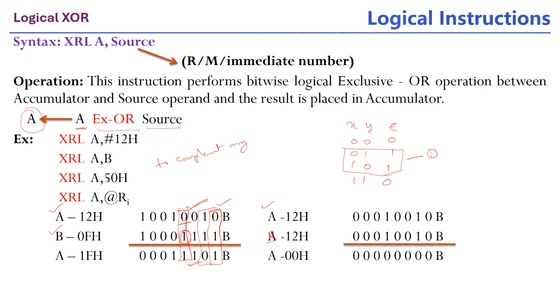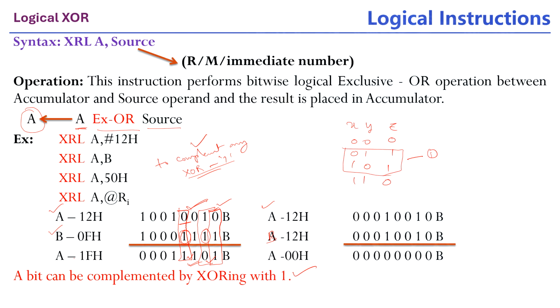Here 0 means its complement is coming, and here 1 means its complement is coming. When you perform XOR operation with logic 1, you get the complemented bit. So we can conclude that a bit can be complemented by XORing with logic 1.